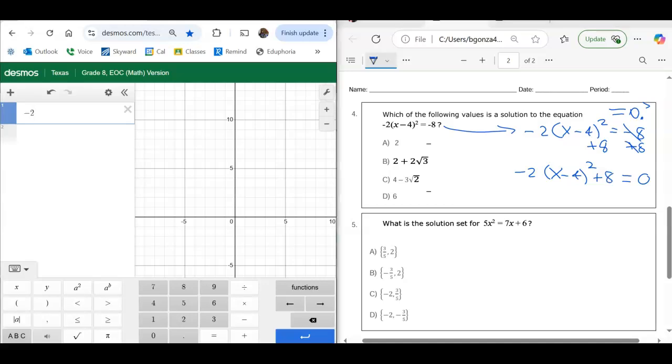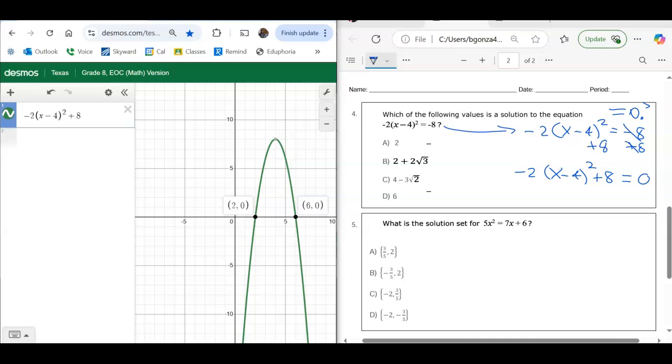Let's type that in. So I end up getting two solutions, 2 and 6. Okay, you should only have one, but solutions are x-intercepts. So once again, you graph and find the x-intercepts. Usually there's only one on this type of problem.